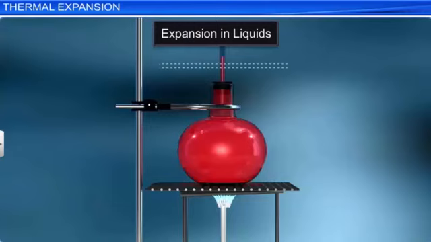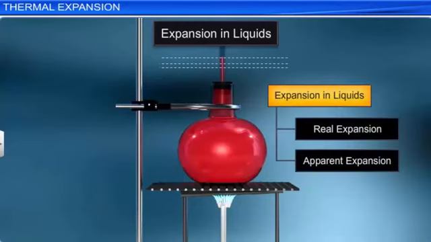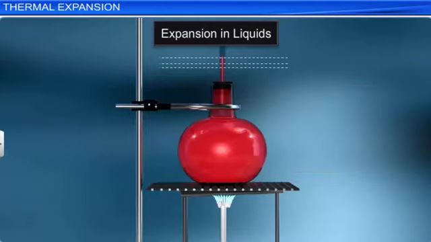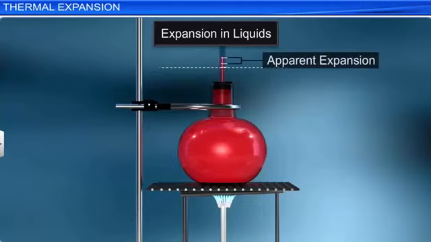Hence, for liquids, we have two categories of expansions, namely real and apparent. The apparent expansion of a liquid is the expansion that appears. The apparent expansion of the liquid is equal to the real expansion of the liquid minus the expansion of the container.